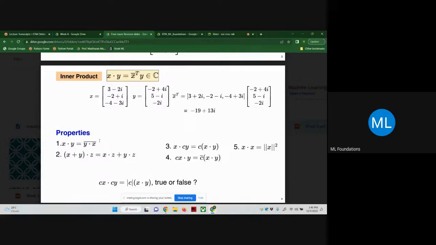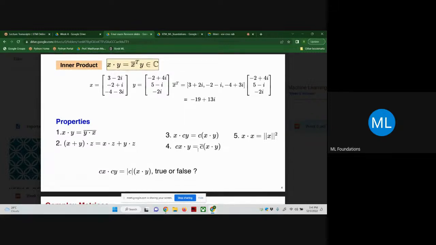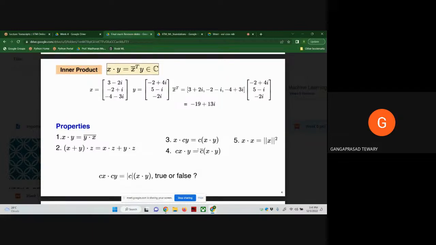And then x dot cy will be equal to c multiplied by x dot y. That's because x dot cy equals x conjugate transpose multiplied by cy, so you can bring the c outside. What is c, sir? C is a complex number.